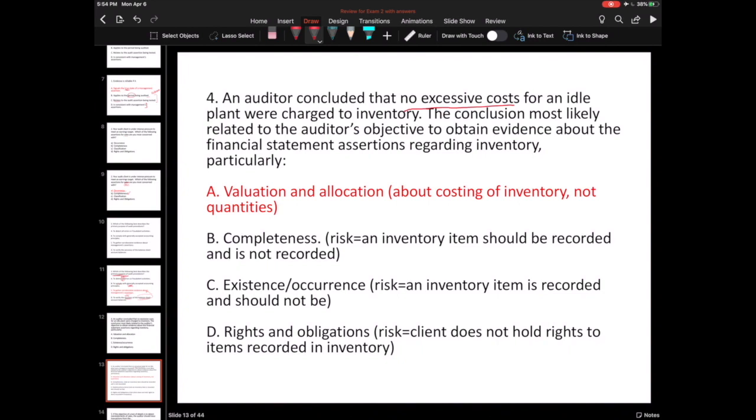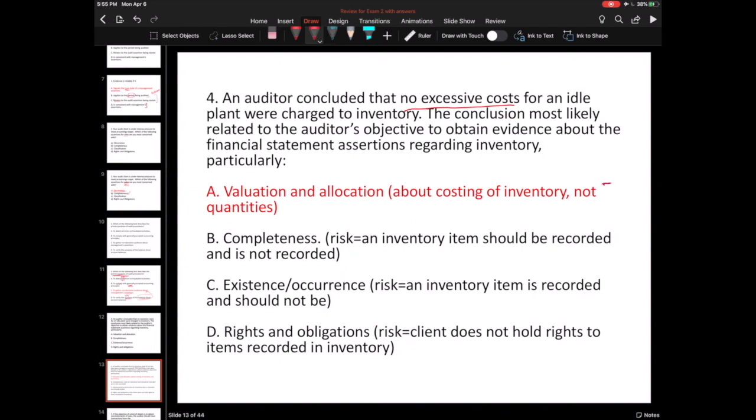So I'm thinking existence, completeness, right? No, this is really not about the quantity of inventory being overstated, understated, recorded. It's really about the costing of inventory, right? The valuation of the inventory that's there, not the quantity of inventory that's there.